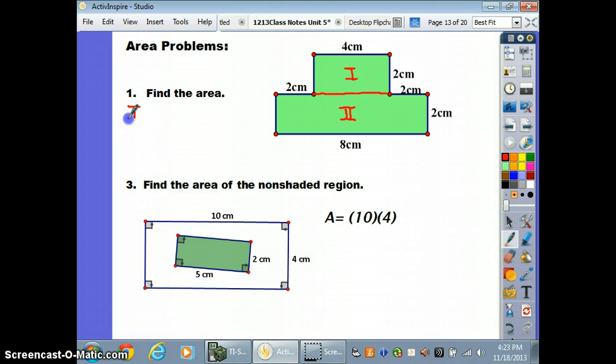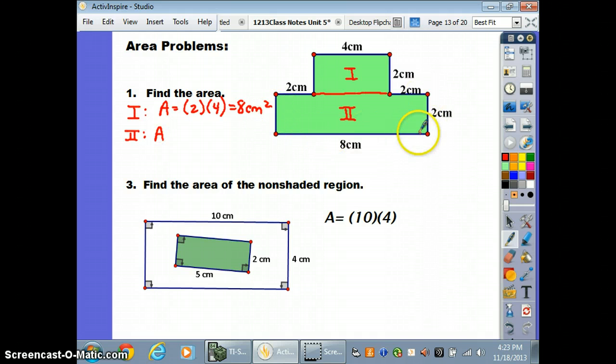So the area of region 1, like we said, was a rectangle. Its dimensions are 2 by 4, 4 by 2. There's a right angle there. So the area then is 8 centimeters squared, right? And then region 2, another rectangle.